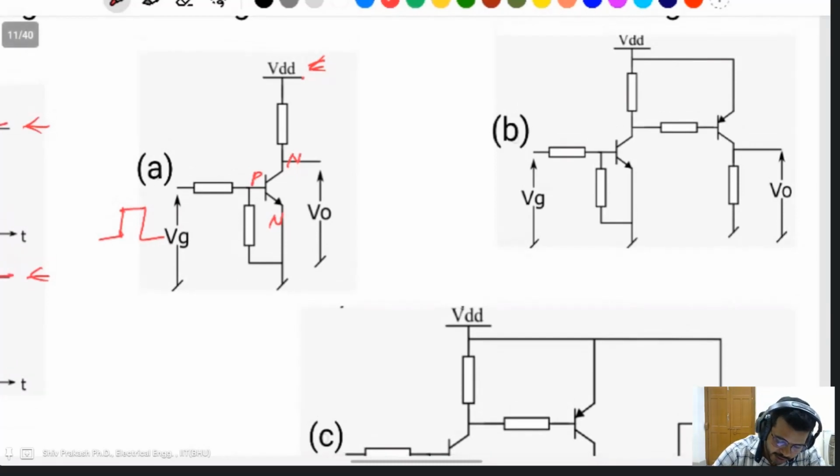Same thing here. There is a voltage applied here. Some voltage VG is high. It means the base terminal of this transistor is high. That's why this will be on and this will be on. It means this terminal is grounded, 0. That's why the voltage is also 0.